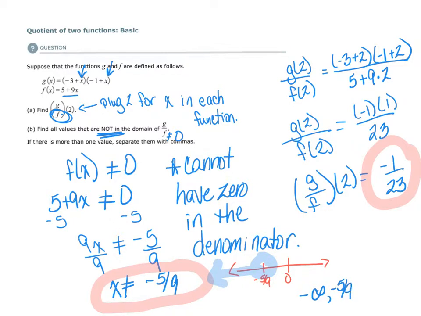It cannot be negative 5/9, so I'm going to put a parenthesis. Union, I start again at -5/9 and go to positive infinity. So the one value that x cannot be is negative 5/9.